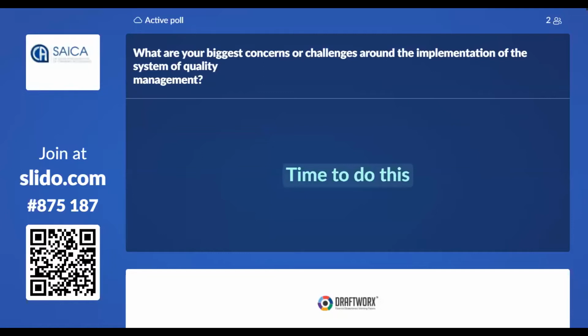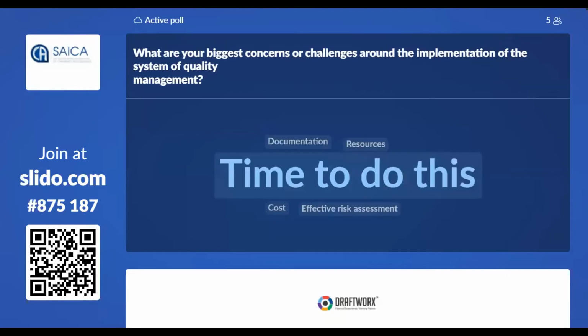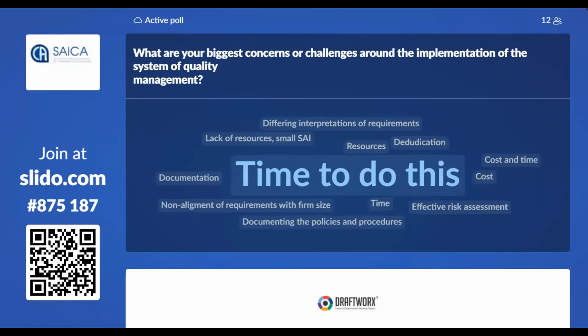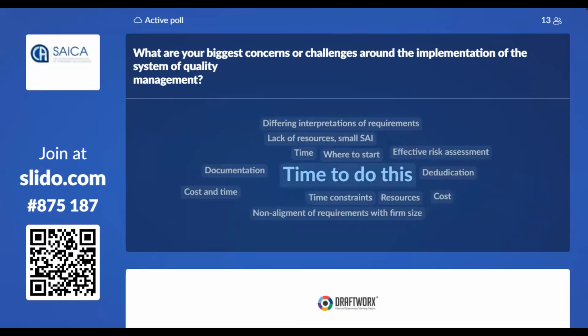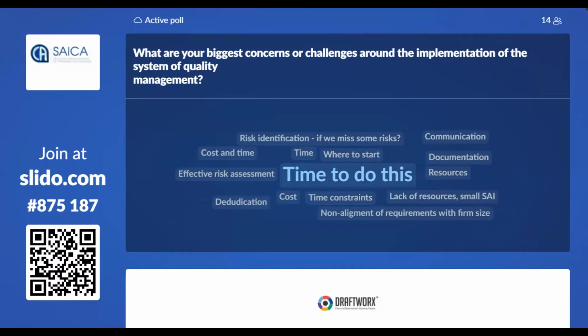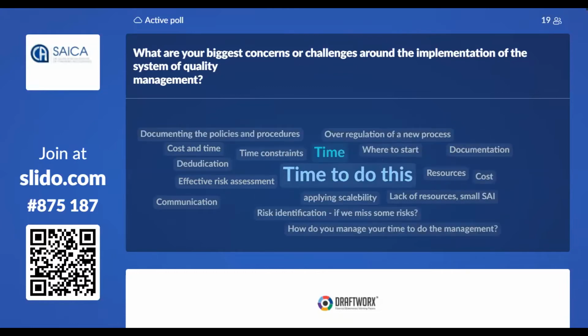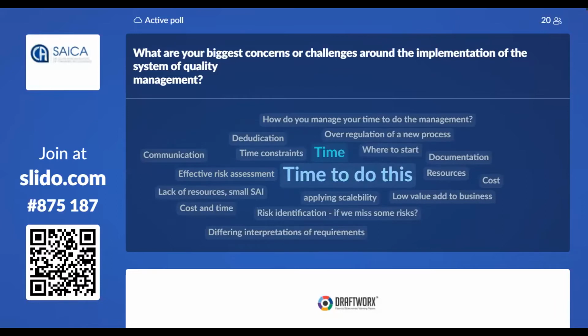So I've got, time to do this is a challenge. Yes, we know it's only 8 months left. Documentation around it, enough resources. Differing interpretations, yes. The cost, communication, where to start. Overregulation.